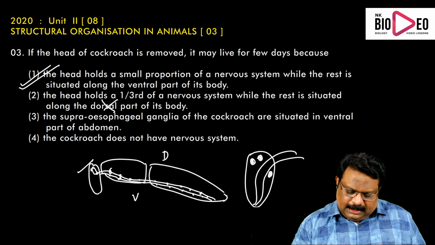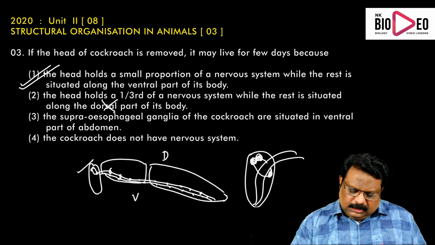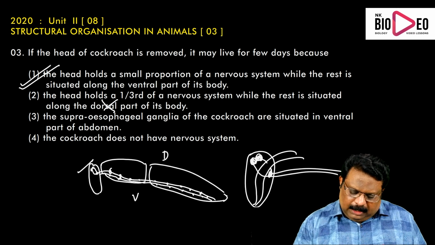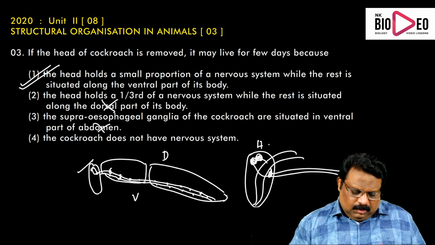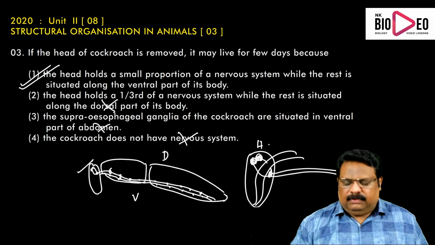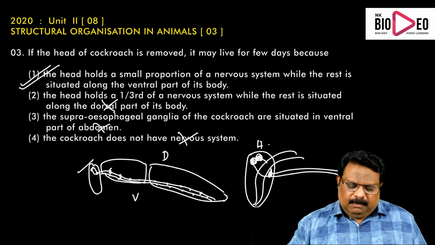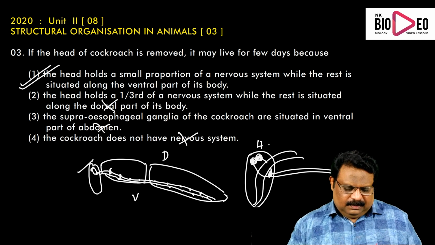It is called subesophageal. So these are connected by connectives. Okay, circumpharyngeal nerve ring. So supraesophageal ganglia and subesophageal ganglia, the nerve cord is developing from subesophageal ganglia. And actually all these are present inside the head, not inside the abdomen. So also wrong. The cockroach does not have nervous system. That also wrong. So the first choice is right. The head holds a small proportion of nervous system while the rest is situated along the ventral part of the body. Even though the head is removed, it can live for some more time.